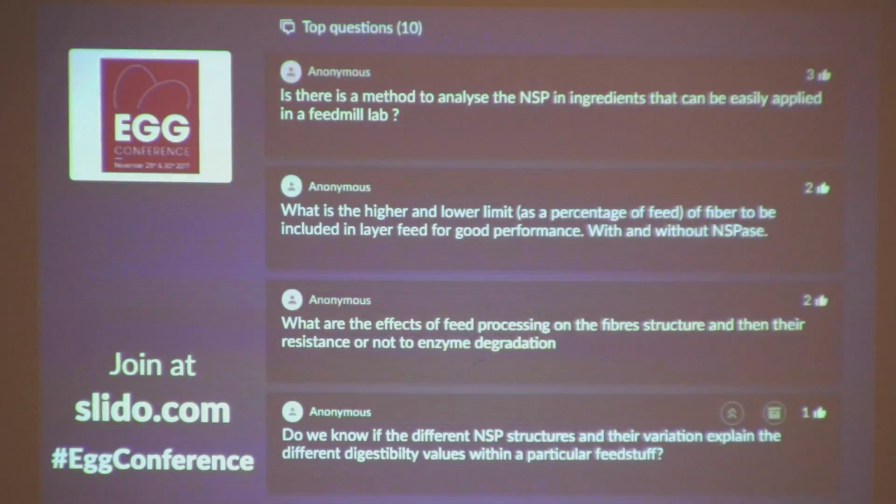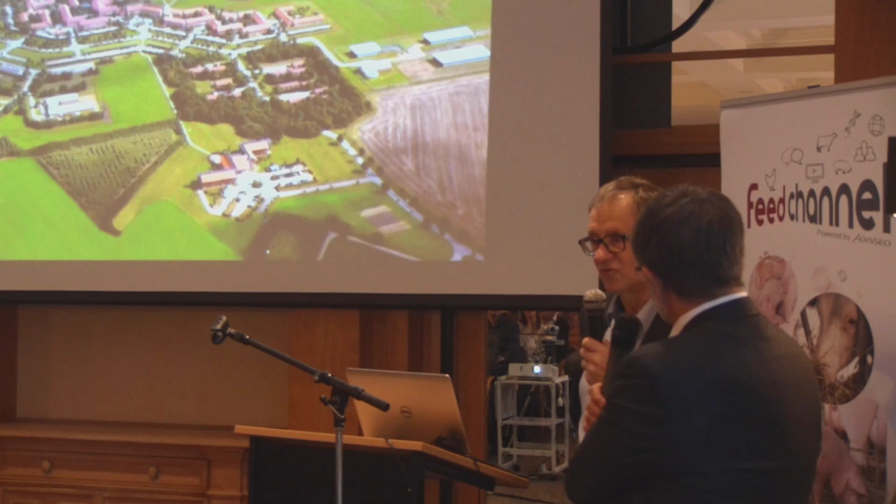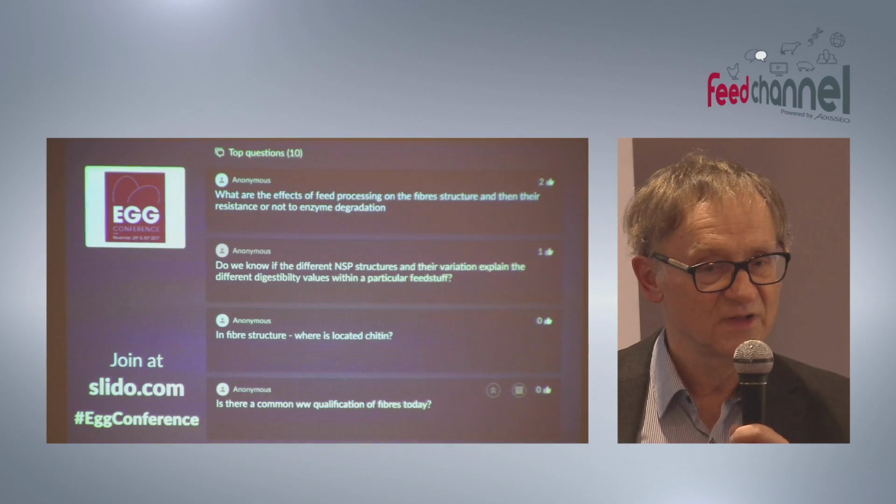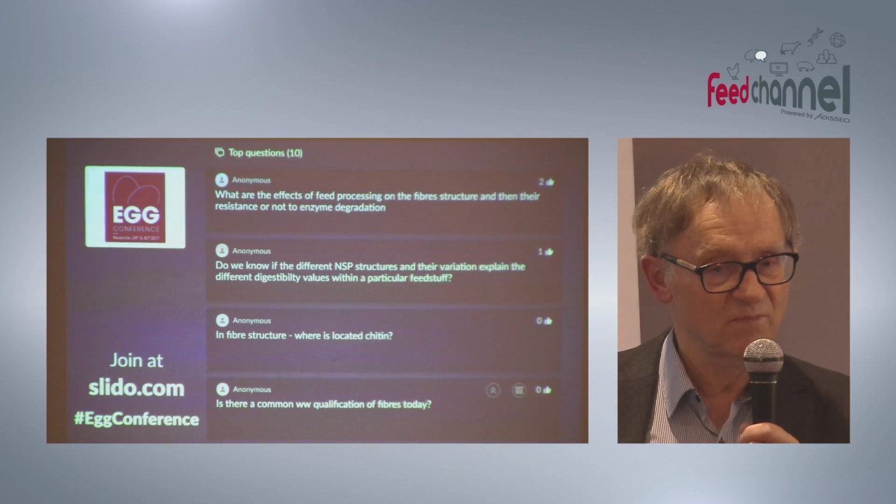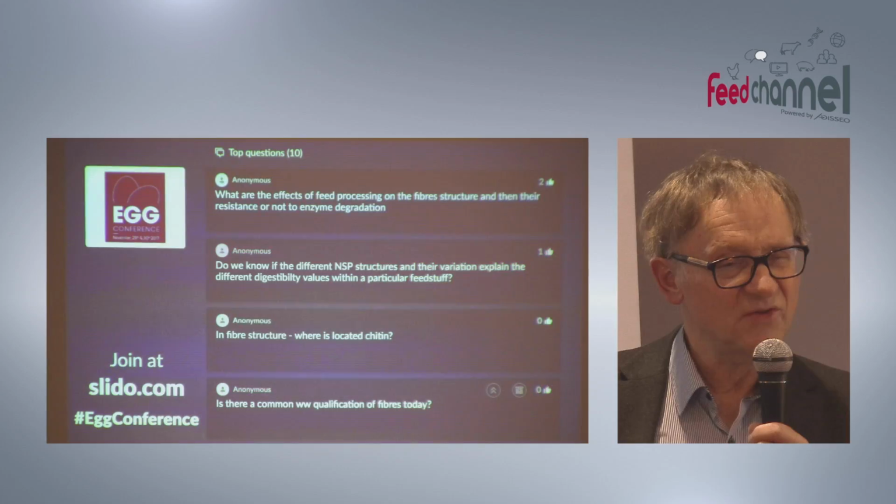Depending on how severe your processing is, you will solubilize a slightly larger proportion of the cell wall carbohydrates or polysaccharides. But I don't think in itself that you will influence that much how much you are actually able to degrade.